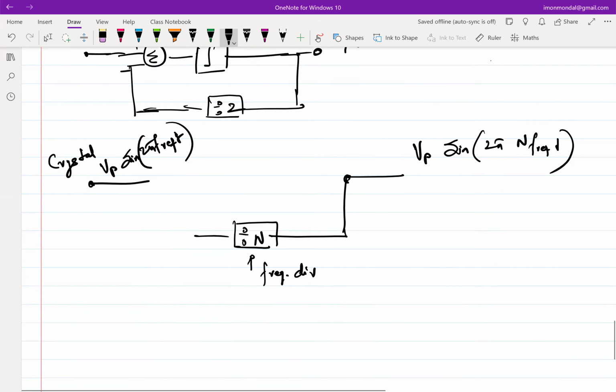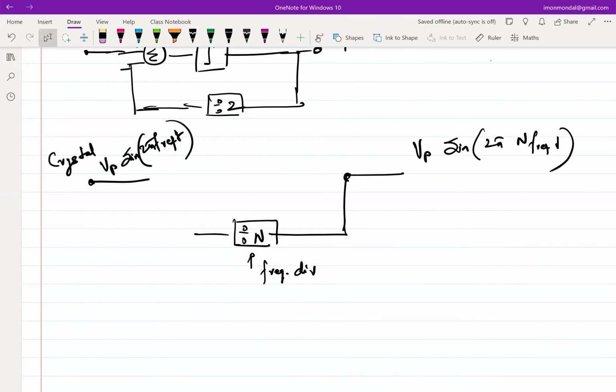Now, if instead of Vp sine omega t you have a square wave whose fundamental frequency is n f_ref in this case, let's say n equal to 2 for the time being. And I want to generate a frequency which is half of this waveform. What do you need to do?